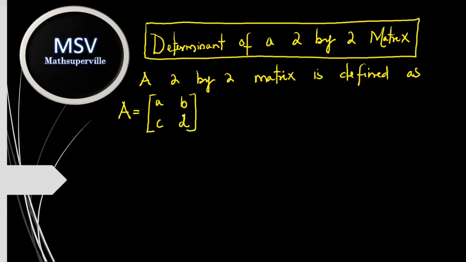So a, b, c, and d are the elements of matrix A.